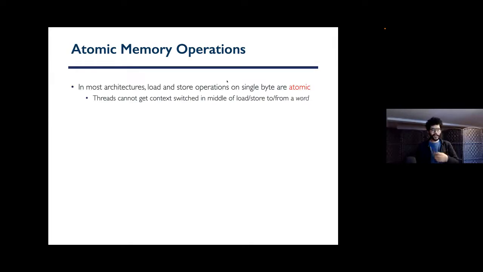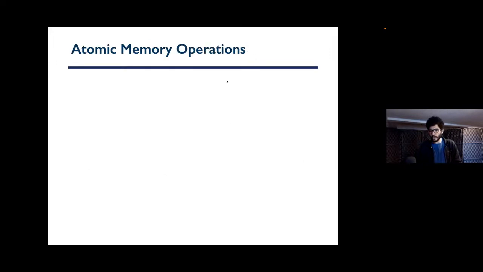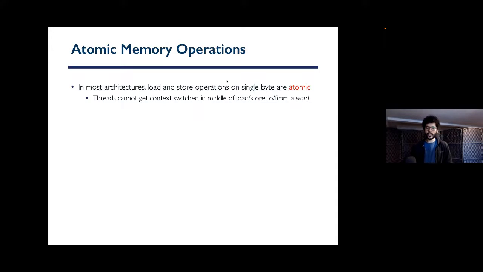When you're executing these instructions, I just said you might be executing your first line and then get interrupted. You might ask me, can I get interrupted in the middle of my first line, like x equals x plus 1? And the answer is you could actually get interrupted in the middle of it.